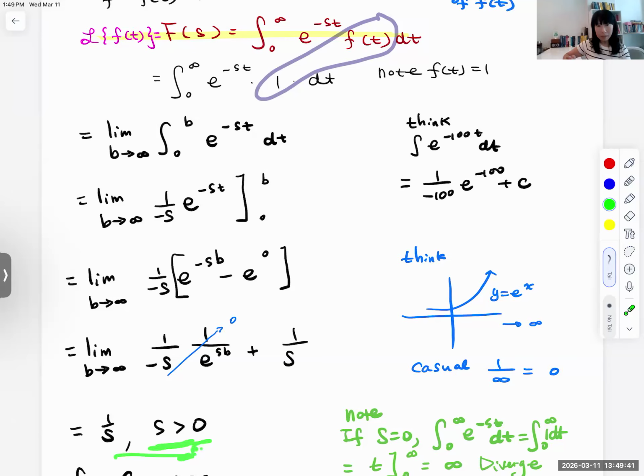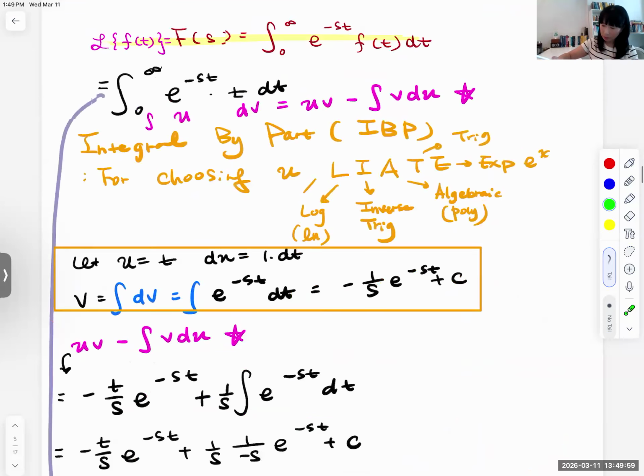Make sense? Okay, so if we have the integral from 0 to infinity of e to the negative st, we get 1 over s, and then s is positive, right? We want to make it converge. Yeah? Okay, let me write it down.